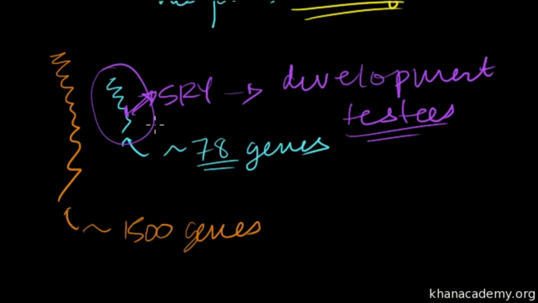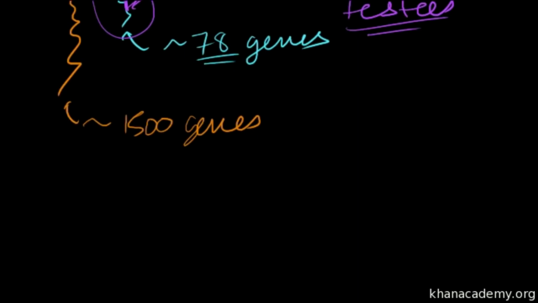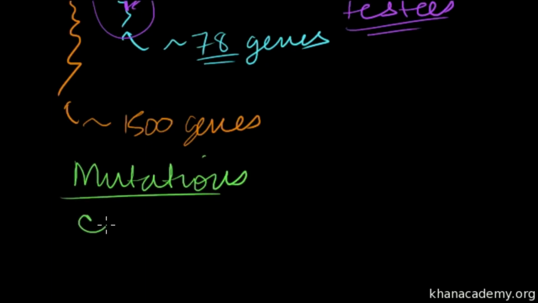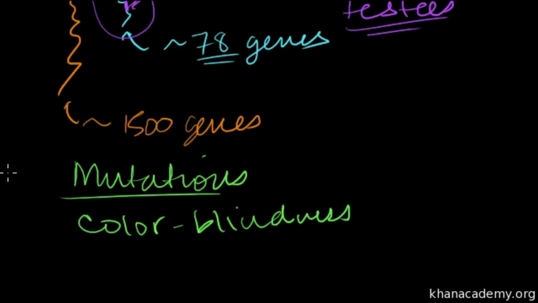But you do have other traits on these chromosomes. The famous cases all deal with specific disorders. For example, color blindness, or the mutations I should say, the mutations that cause red-green color blindness, which I wrote in green, which is maybe a little bit inappropriate, and also hemophilia.